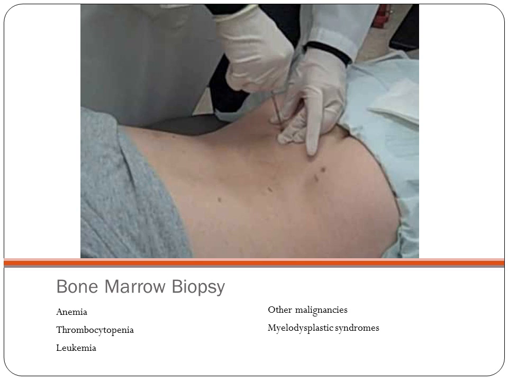Most often the cells are taken from the posterior iliac crest, but they can also use the anterior iliac crest or the sternum. This procedure can be done at the bedside in the hospital or in an office or lab using just local anesthetic, or if necessary conscious sedation or general anesthesia would be used, but that would have to be an inpatient hospital procedure.